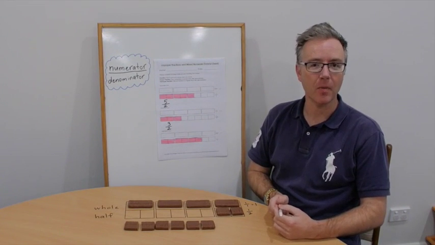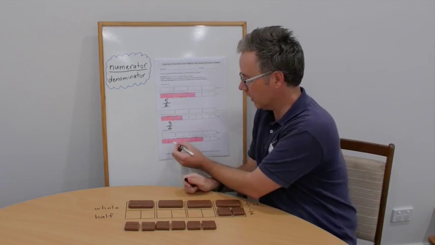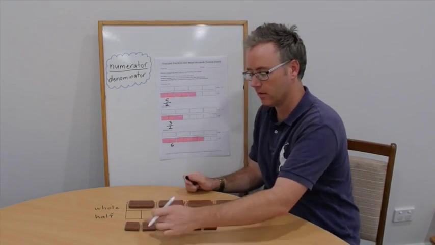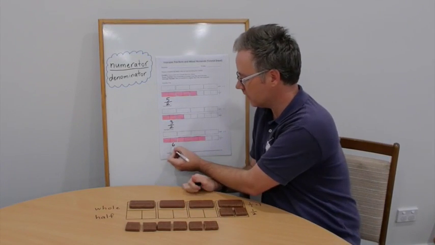So let's write that up as an improper fraction, 6 over 2. I have 1, 2, 3, 4, 5, 6 halves.